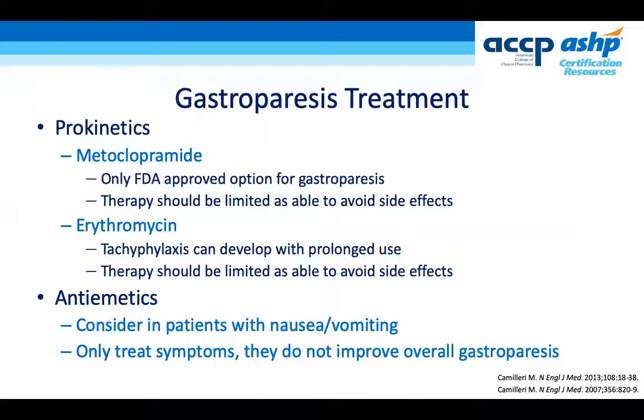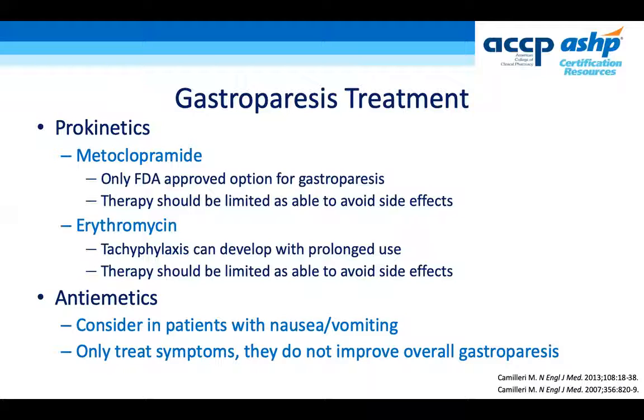The first type of medication we're going to talk about is the prokinetics. Metoclopramide, which is a dopamine agonist, also happens to be the only FDA approved option for gastroparesis. Dosing is anywhere from 5 to 10 milligrams, twice a day to 4 times a day.